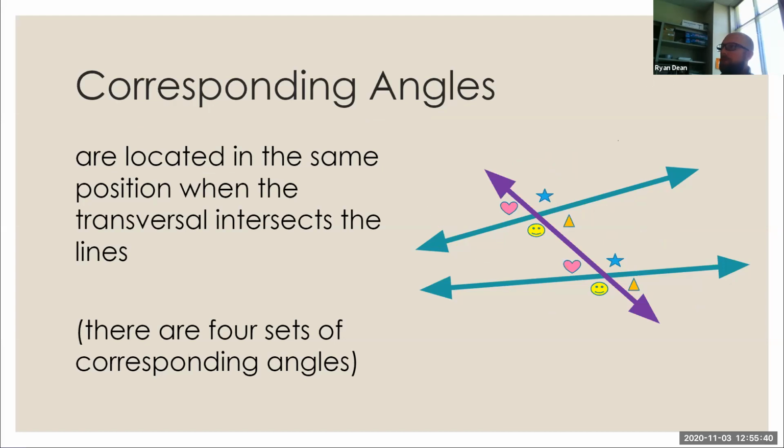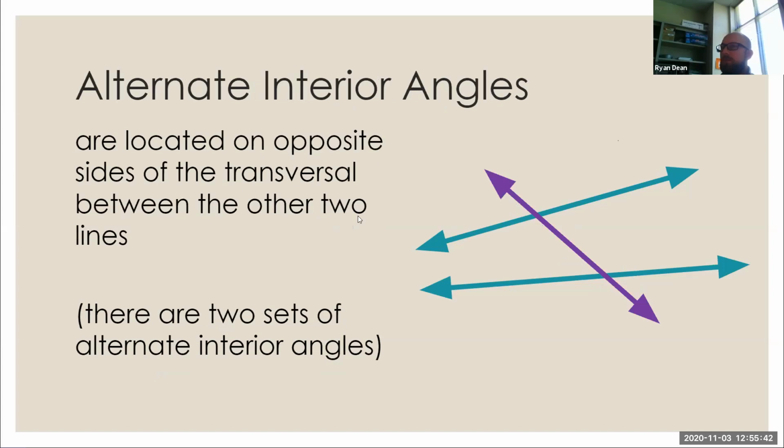All right, now when we go to alternate interior angles, these are different than corresponding because now what we're looking at are angles that are on the opposite sides, okay, so I'm underlining opposite sides, and they're both in between the other two lines.